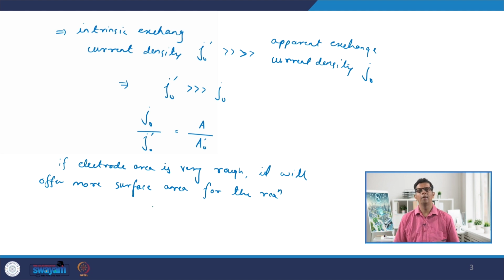So, in other words, we have to have our electrode as rough as possible so that the intrinsic exchange current density becomes larger, and as we know, once the exchange current density becomes larger, the current that flows through that electrode in an external circuit will also increase accordingly.